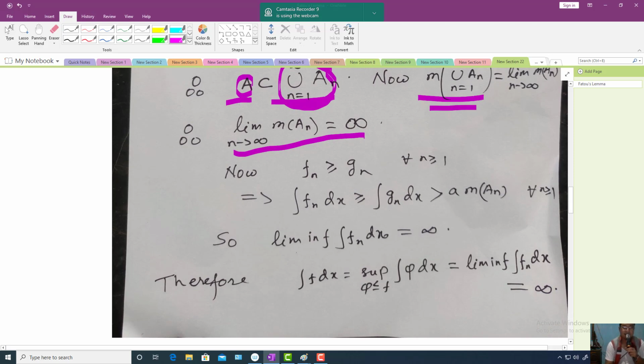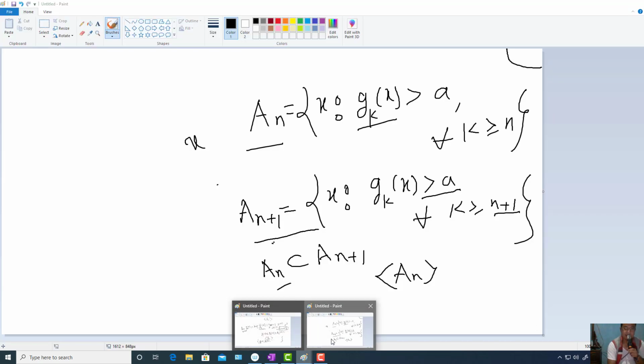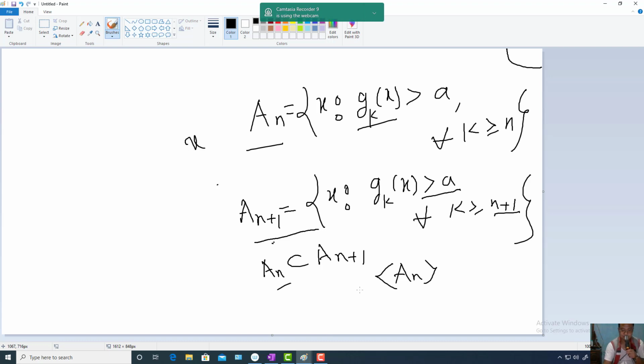Now from our construction, f_n is going to be greater than or equal to g_n. Let me explain why it happens. What is g? g_k(x) is equal to the infimum over j greater than or equal to k of f_j(x).